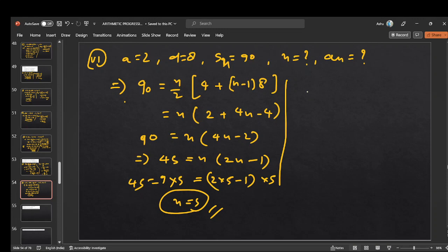Now we got the value of n, and what is the value of an? An equal to a plus n minus 1 into d, that means 2 plus 4 into d. Clear? 4 into d, d is 8. 8 into 4, 48?